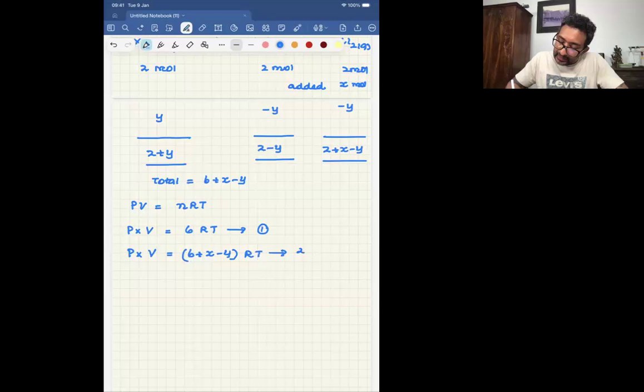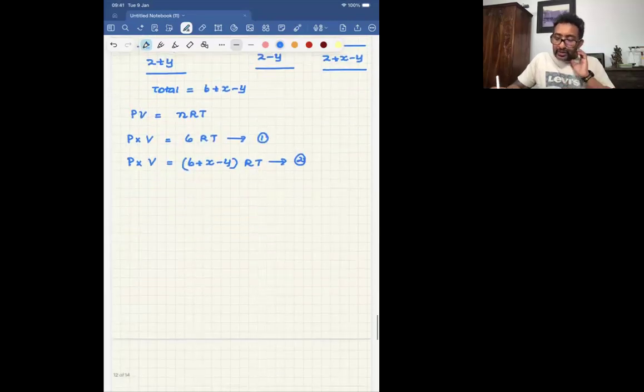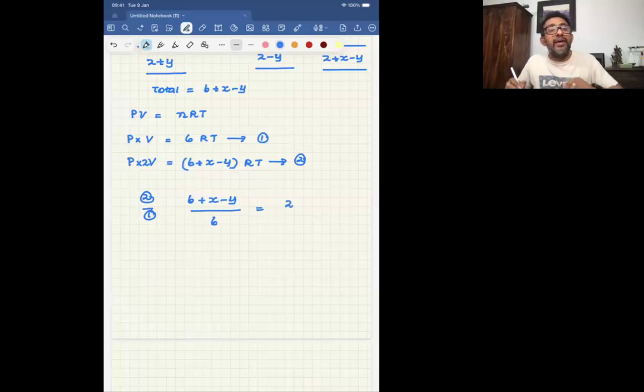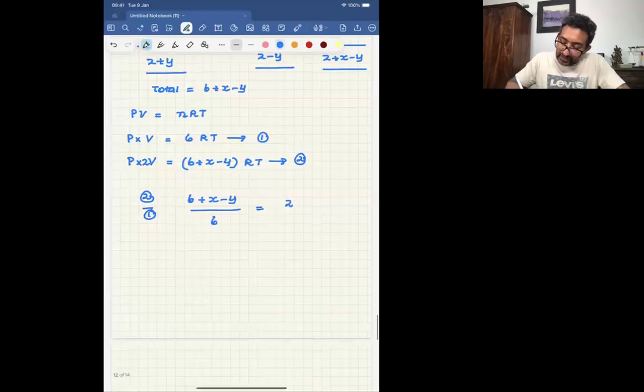Did you understand that? Now what you can do is divide them. The volume is 2V. 6 plus x minus y divided by 6 is equal to 2. Volume twice the value. So 6 plus x minus y is equal to 12.